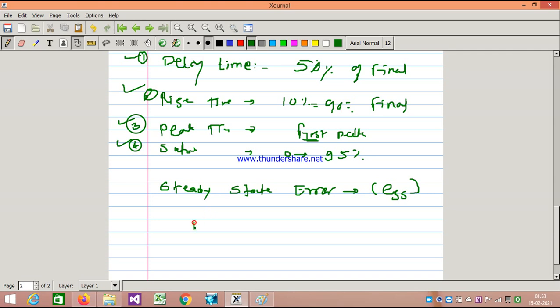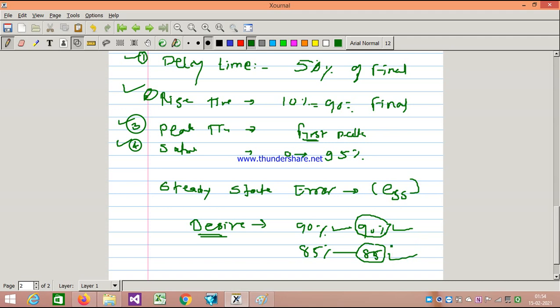Suppose we want a 90% output, but when we give the input we get only 85% output. We want 90%, the ideal value is 90%, but we get only 85%. So the difference between the desired value and the final value is called the steady state error. So the error here is 5%.